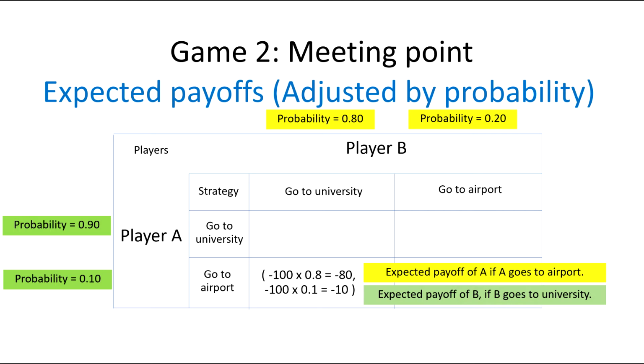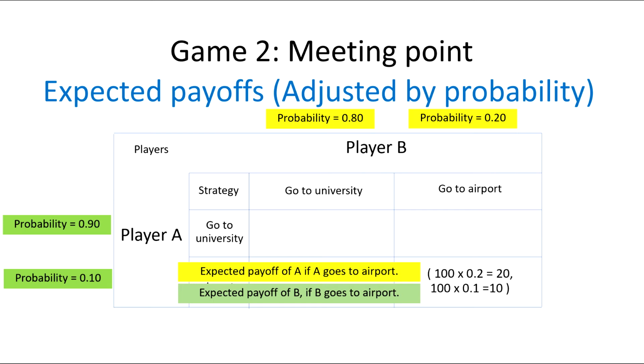Therefore, B can expect to lose just 10 YouTubes, or minus 10, for the calculation of minus 100 YouTubes times the probability of 0.1. So you see again that the expected payoff of one player depends on the probability of another player.